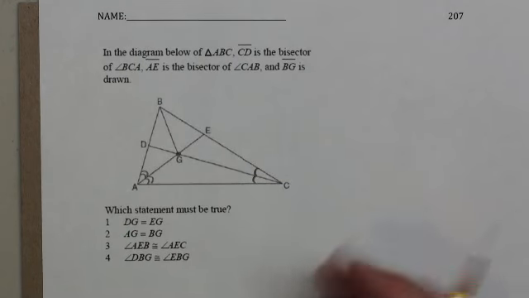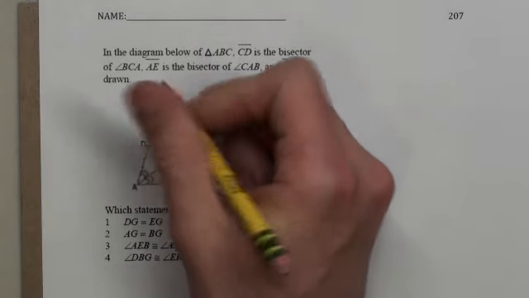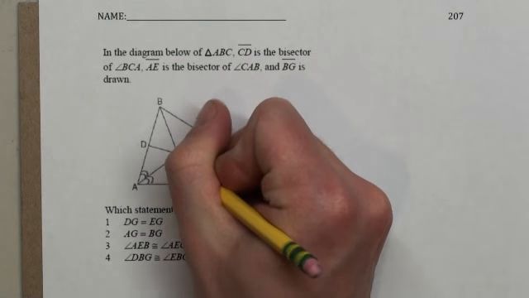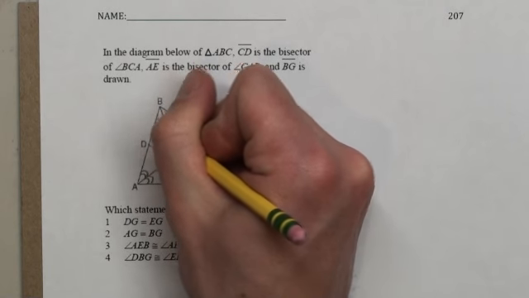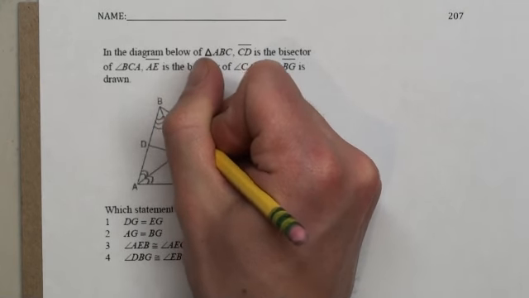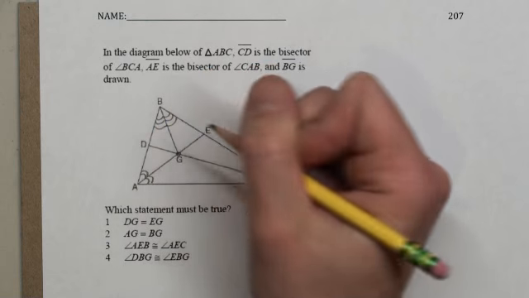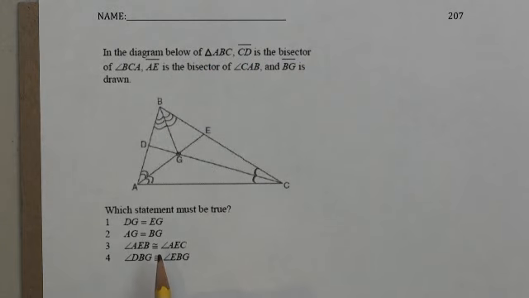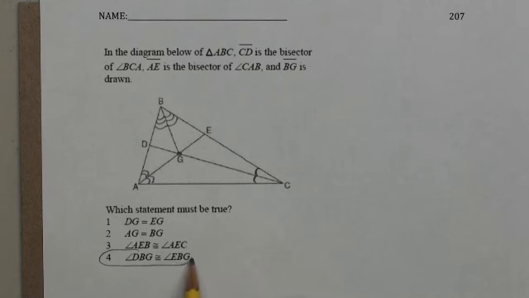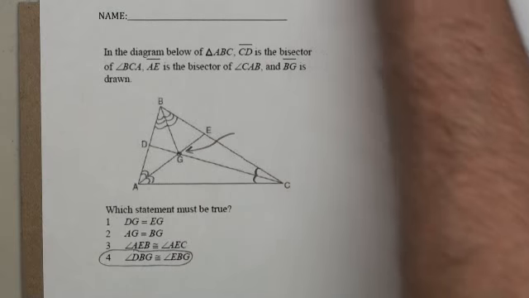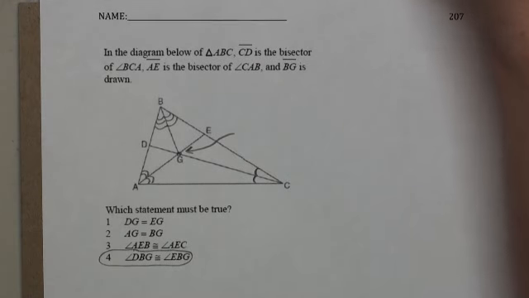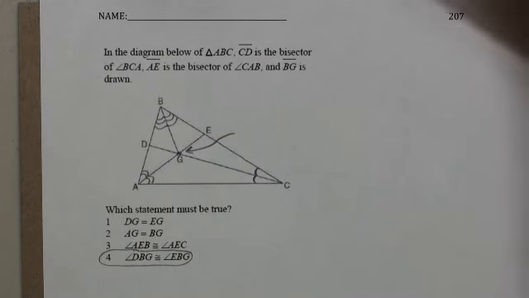So which statement must be true? Well, this must be an angle bisector if it meets at this point here where these other angle bisectors meet. And that means that this angle must be congruent to that angle, which is choice DBG congruent to EBG. Let's go to the card that we did. Okay.